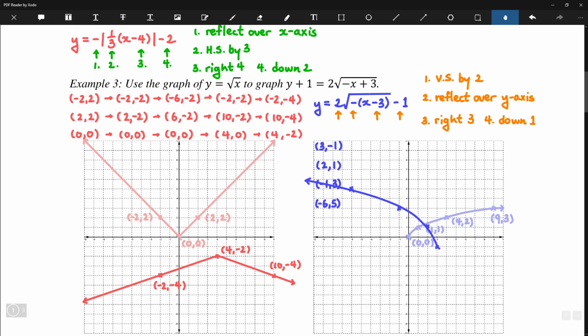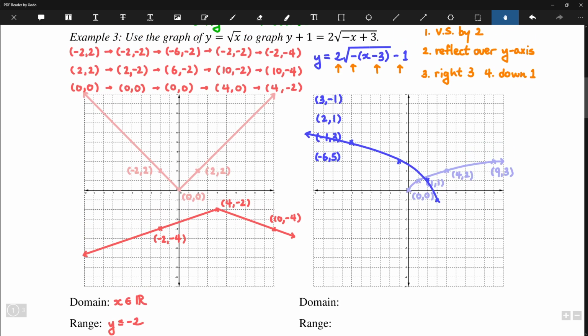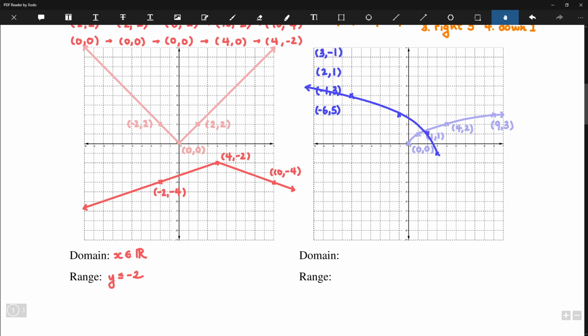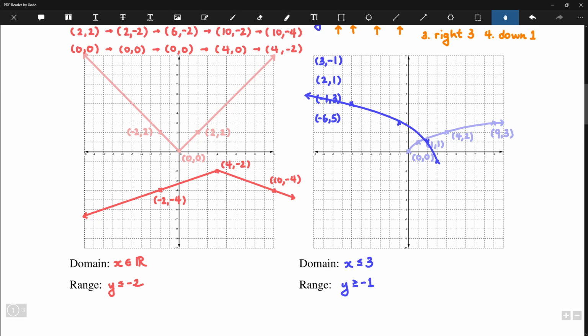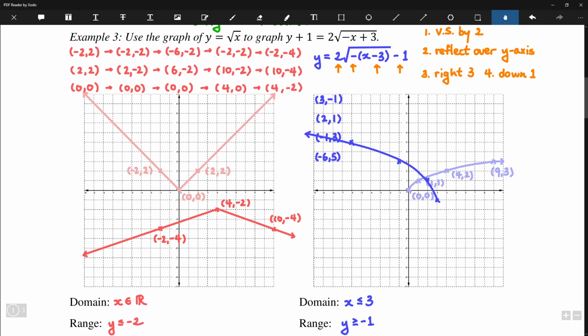Now, to look at the domain and range of the resulting graph, notice that x is less than or equal to 3, and that y is greater than or equal to -1. Okay. So that's the first part. How we can look at some functions and then transform them using A, B, C, and D for stretches, reflections, and translations.